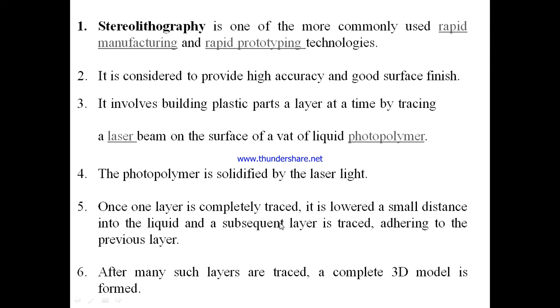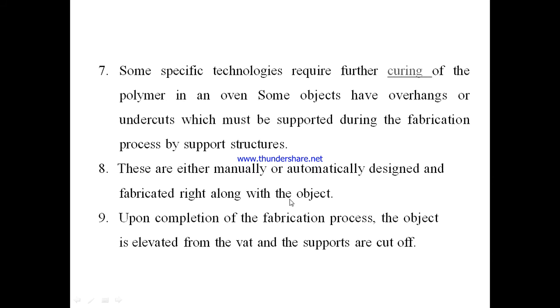Once one layer is completely traced, it is lowered a small distance into the liquid and the subsequent layer is traced, adhering to the previous layer. After many such layers are traced, a complete 3D model is formed. Some specific technologies require curing of the polymer in an oven.